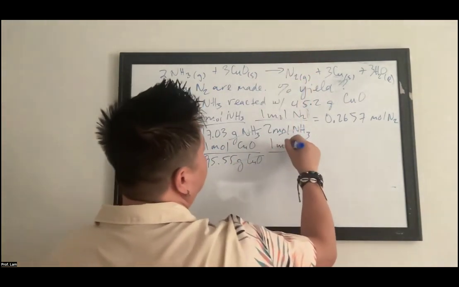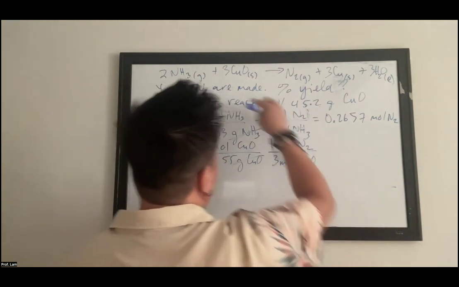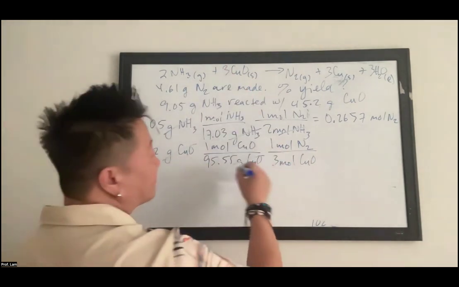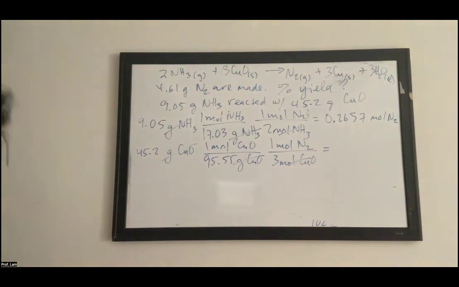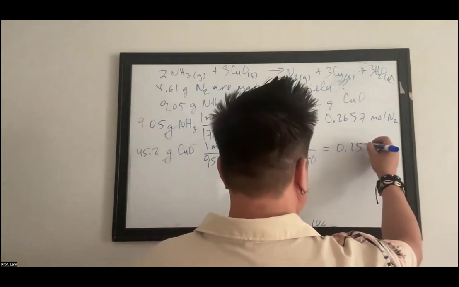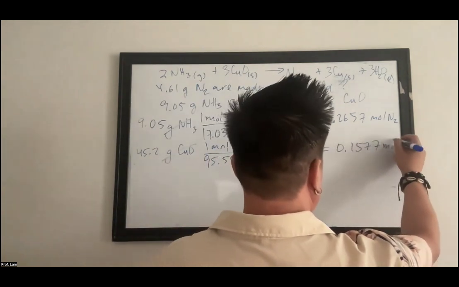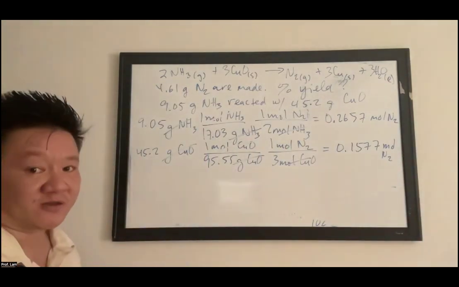So 1 mole of N2 on top, 3 moles of CuO, right? Where do I get the 3? From the coefficient. Okay, and get that number. 0.1577 mole of N2 can be made from 45.2 grams of CuO.